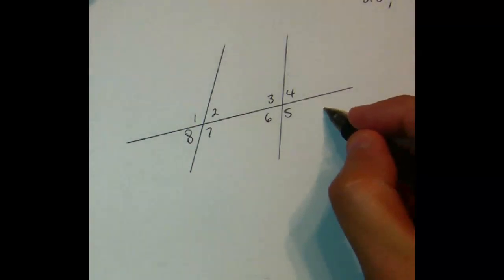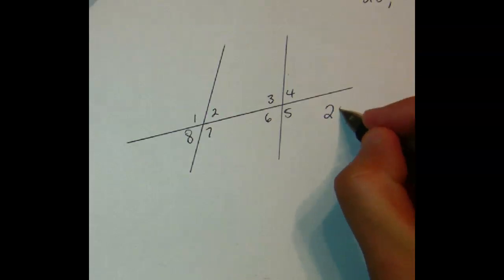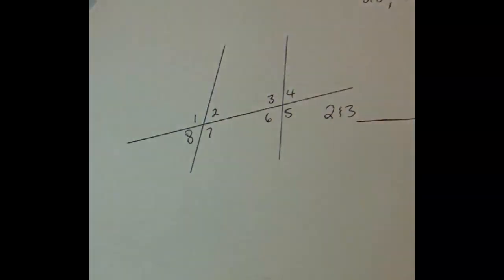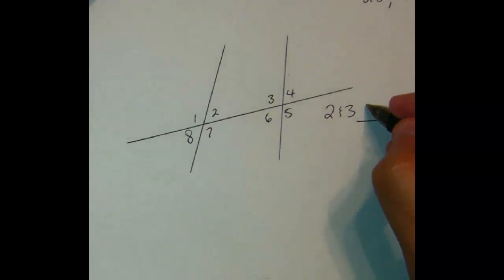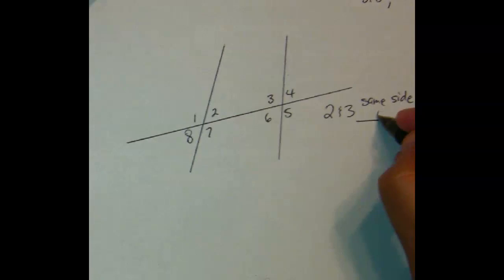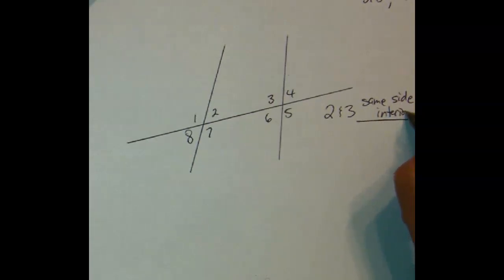Okay, so let's start out with this. What is 2 and 3? Yes, you are correct if you said same side interior. All right, let's try another one.